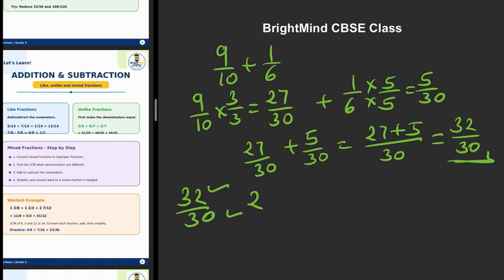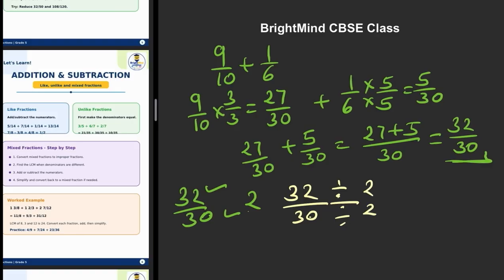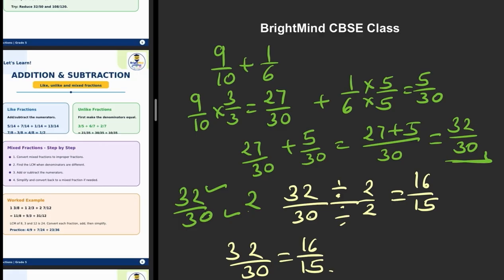So if we divide the numerator and denominator by 2, it will become 16 by 15. So 32 by 30 equals 16 by 15. It will reduce the fraction.